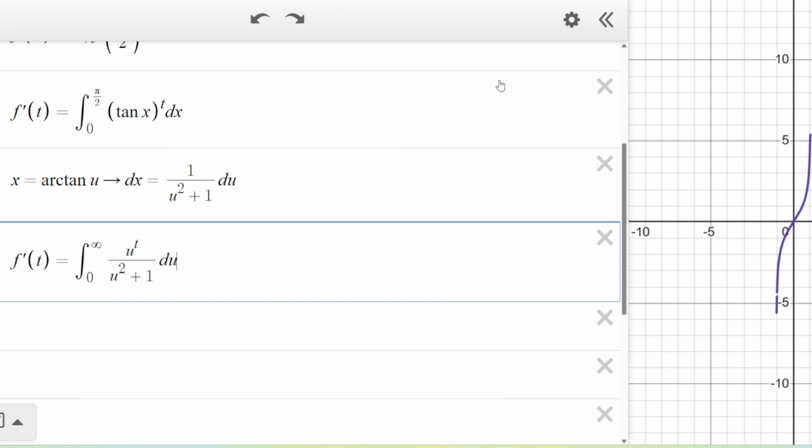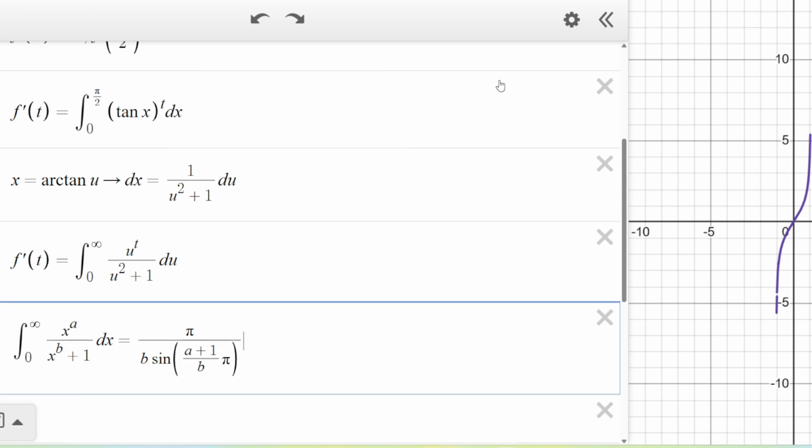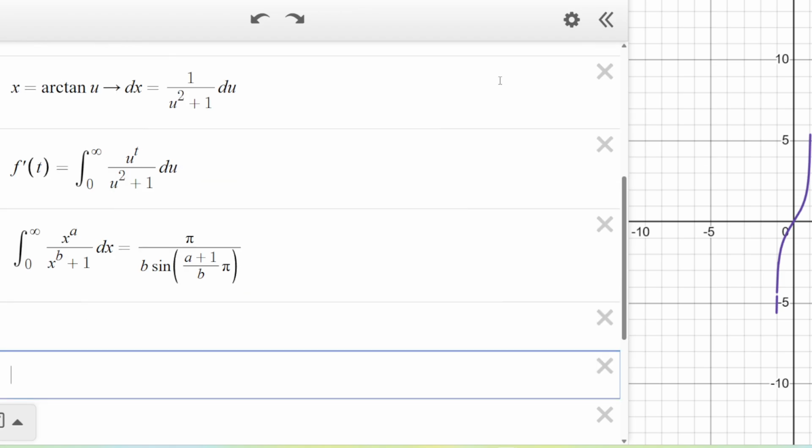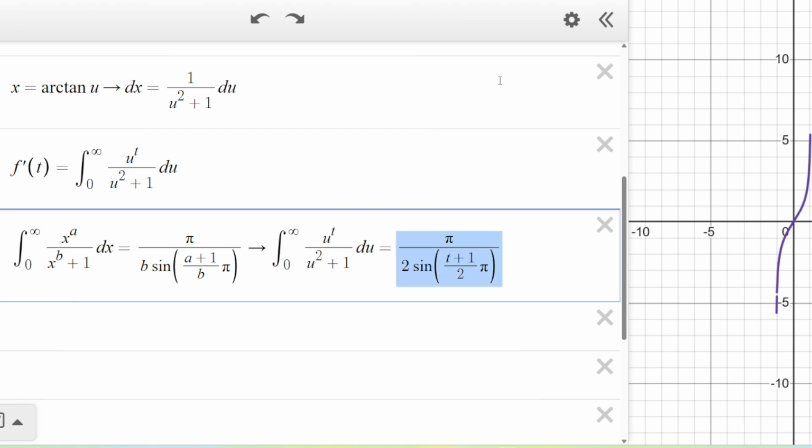And we have a formula for that. I will provide a link in the description to the video in which I proved this formula. But this is true. If this integral converges for whatever values of a and b, then it converges to this. All right, so from there, that implies that this is true.